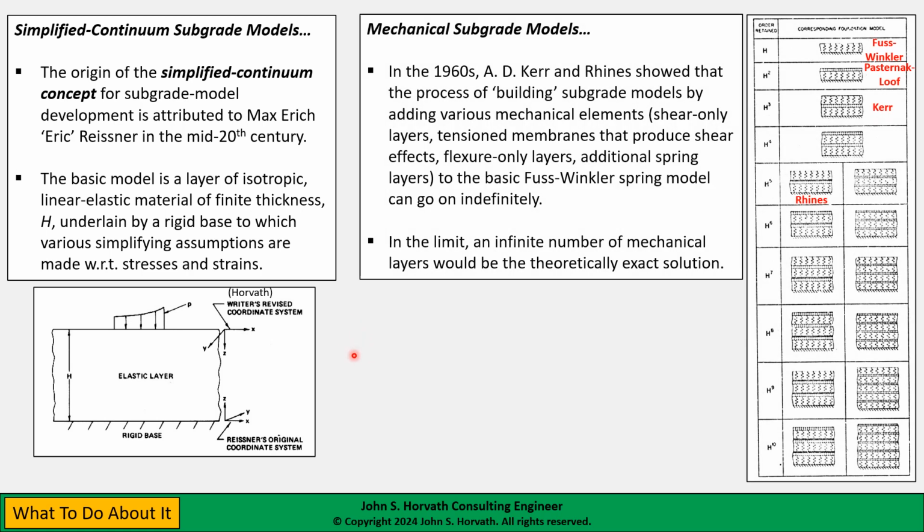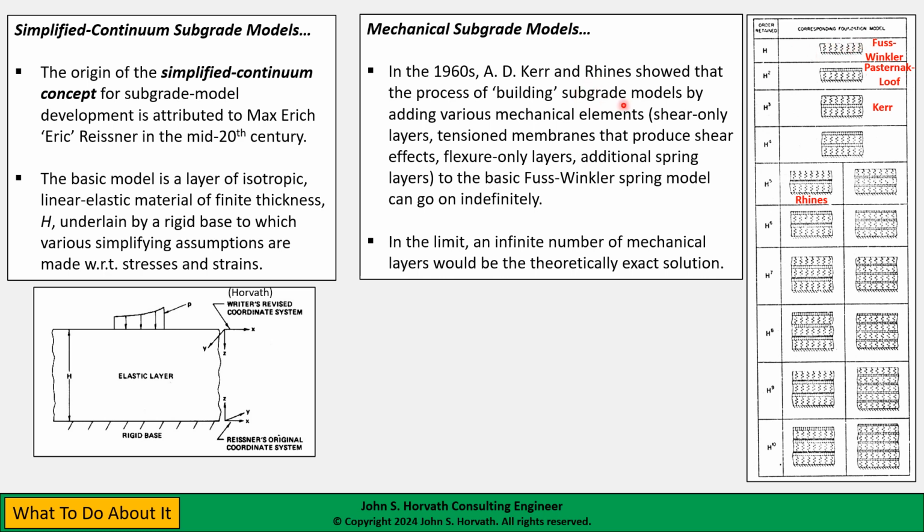The other approach, which is more familiar, I think, to civil engineers, is the mechanical subgrade approach. In the 1960s, Kerr and Rhine showed that we can go through a process of building subgrade models by adding various mechanical elements, such as a shear-only layer, a tension membrane that produces shear effects, a flexure-only layer, and additional spring layers, to the basic Fuss-Winkler spring model of just a layer of independent springs.